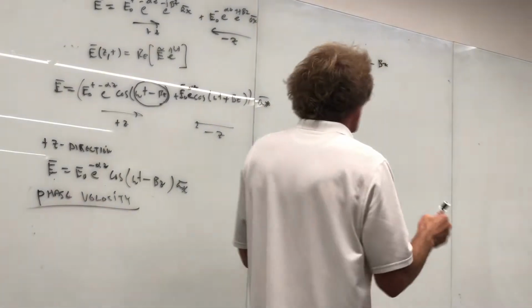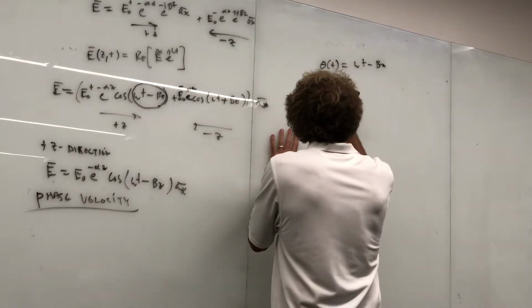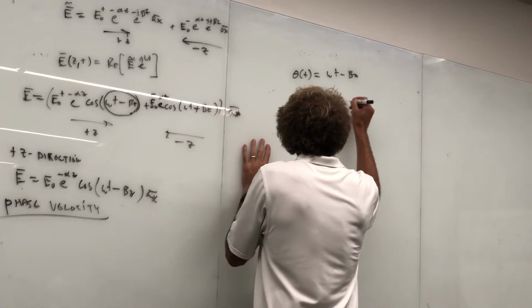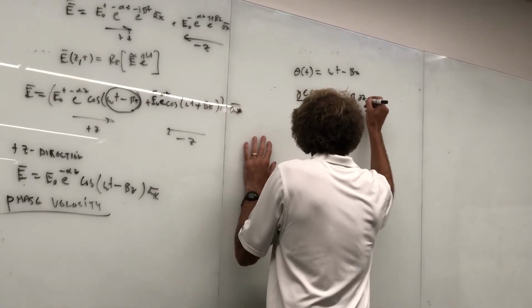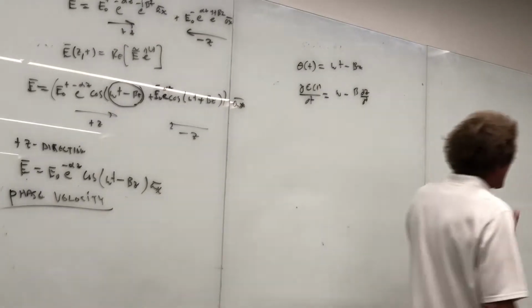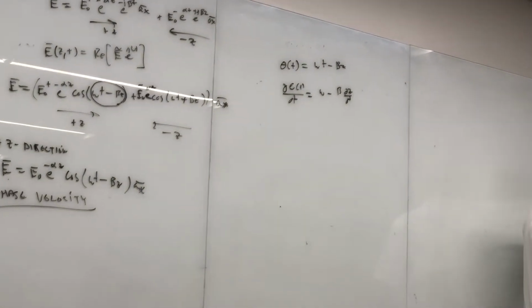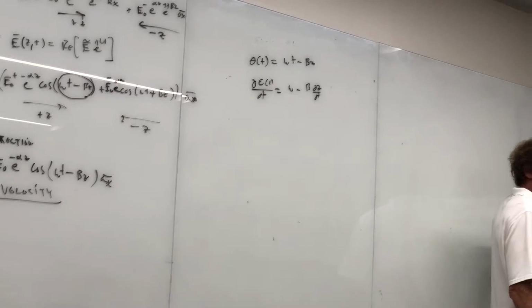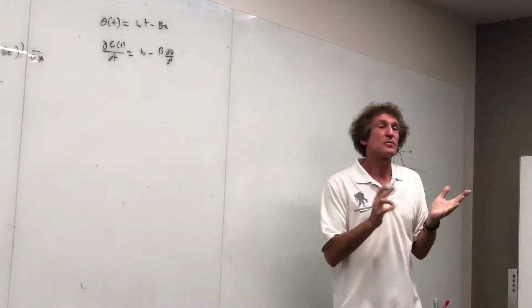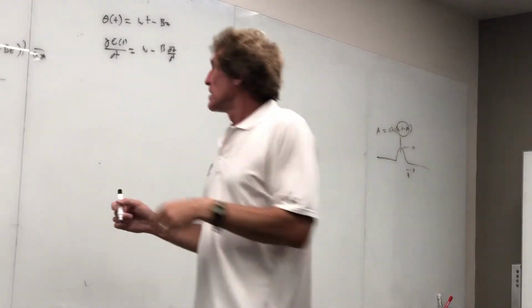And then I take a derivative of that with respect to t, and I get omega minus beta times dz/dt. And if you want to find out how fast the crest of a wave moves, then you want to see how fast the point right there of constant phase is moving. So there is no change in phase. Do you follow me?